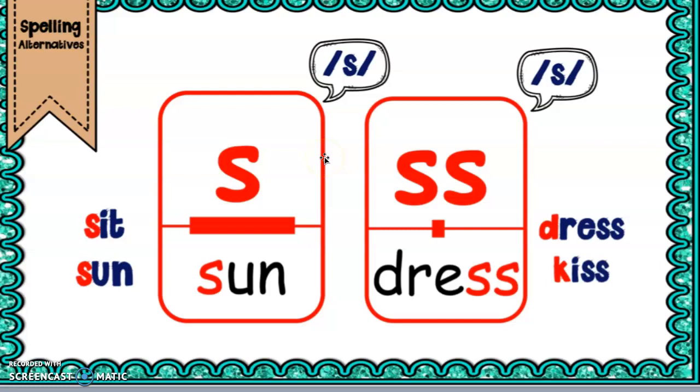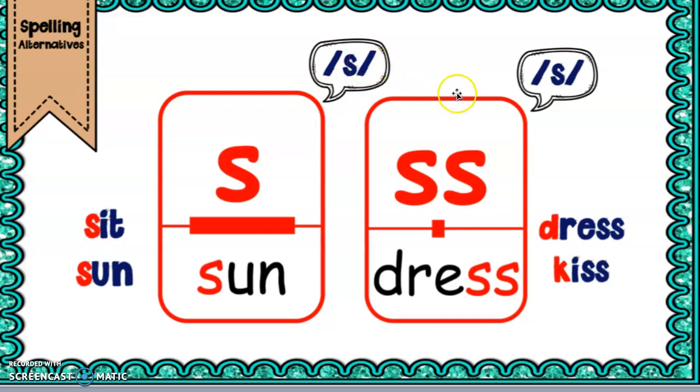Is it a big power bar or a small power bar? That's right, it's pretty big. So, do you remember what a big power bar means for the spelling single S? That's right. So, when you have a large power bar, that means that more words are going to be spelled with the single S for the S sound.